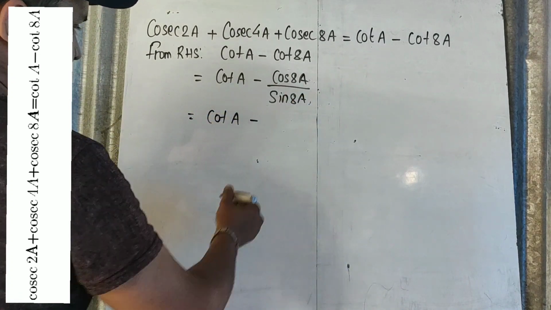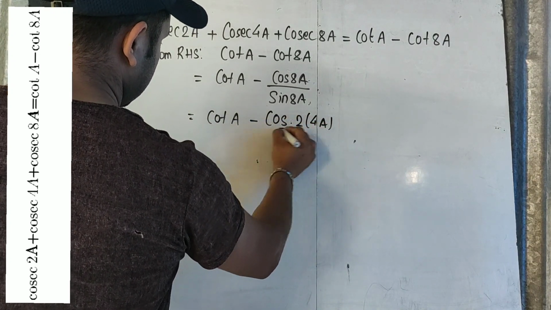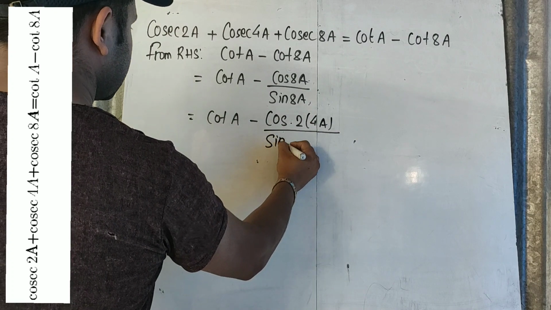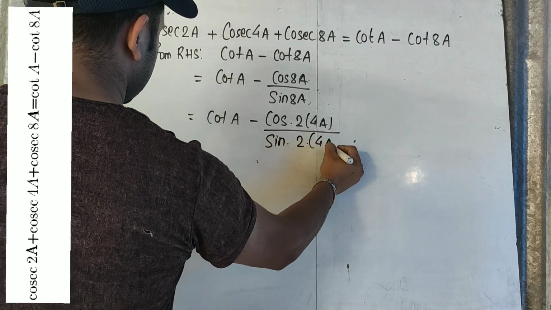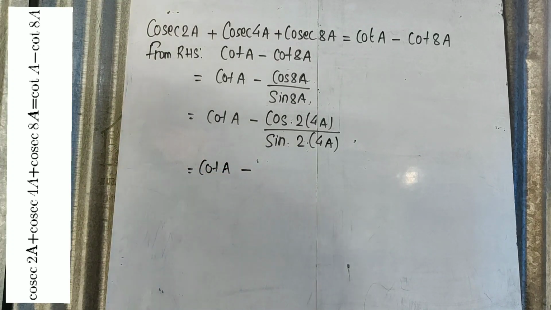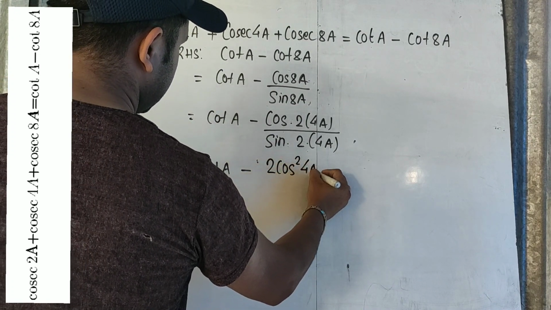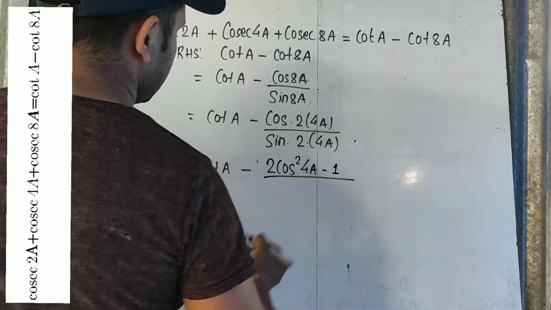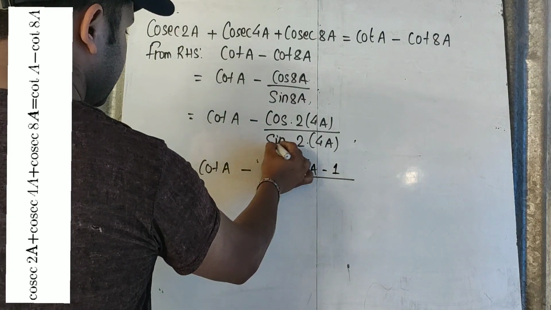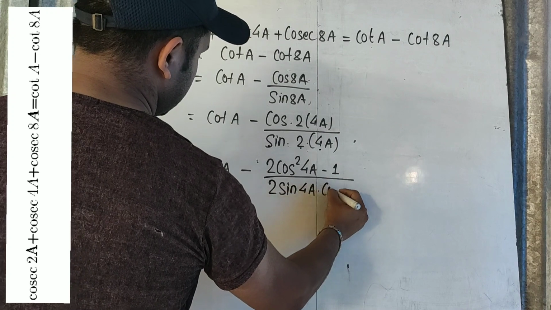Cos 8a can be done as cos 2 into 4a, and sin 8a can be done as sin 2 into 4a. Now we have the formula of cos 2a, 2 cos square a minus 1. We also have the formula of sine 2a, 2 sine a cos a.